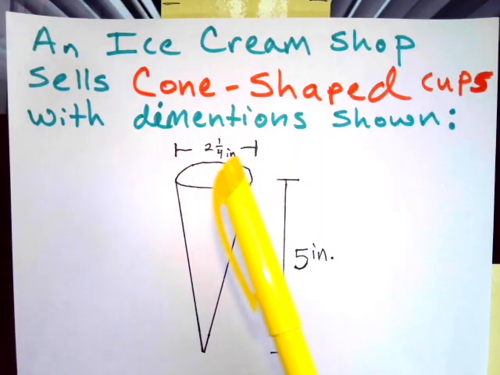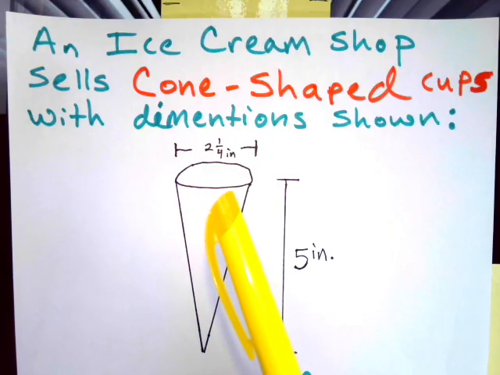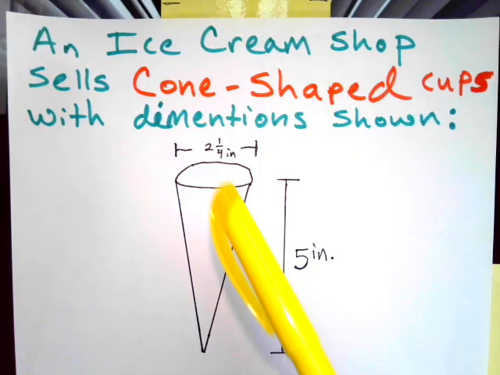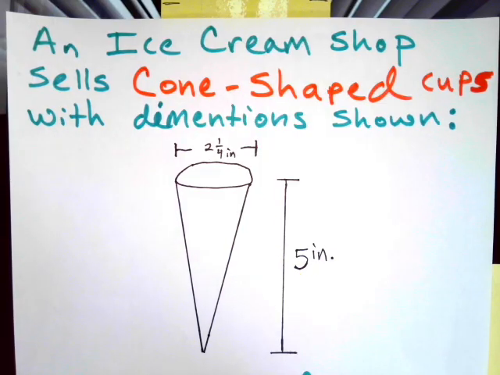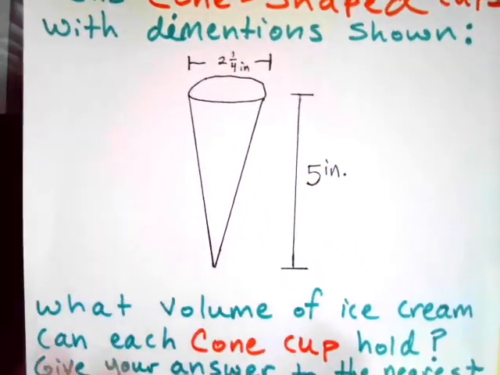We have 2 1/4 inch. I'm going to be giving you some information on how to convert that fraction. And then we have a dimension of 5 inches as well. I'll be explaining these in detail and how to convert and do some other things that are going to make your life a lot easier. But I will get into that in just a moment.